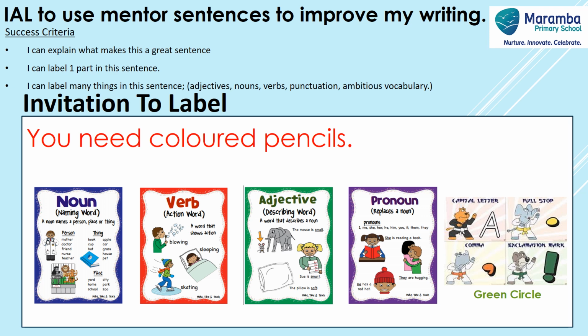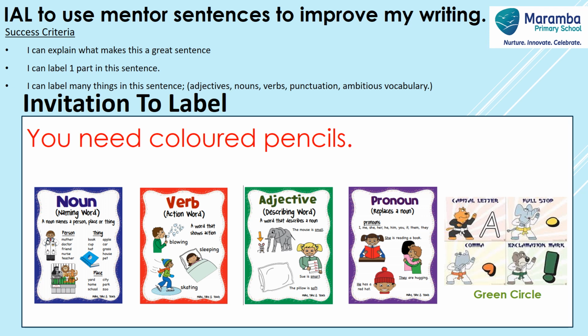For a bit of a super challenge for our green group writers, we're going to look at pronouns. Now this will be purple. A pronoun replaces a noun, so instead of having the name Mrs. Wells, the pronoun would be she or her.